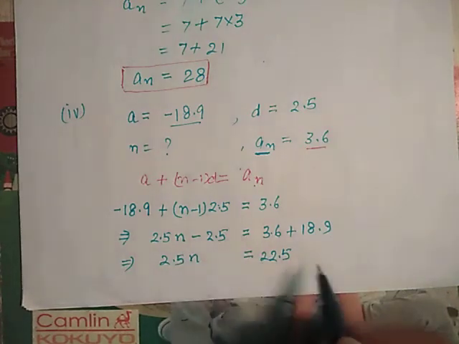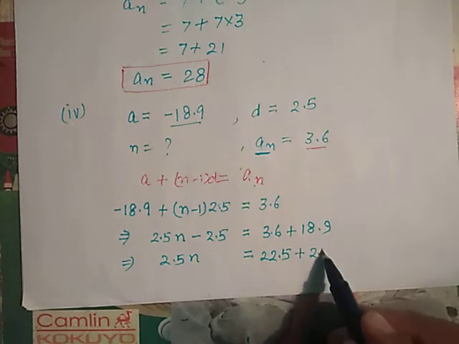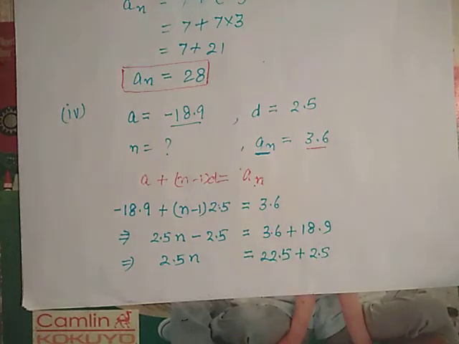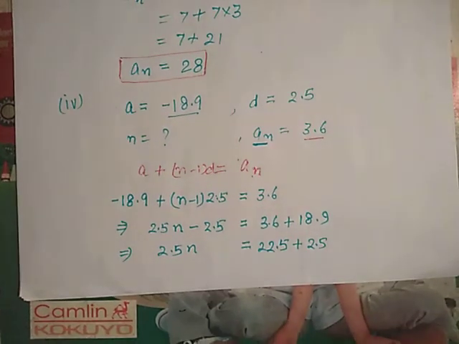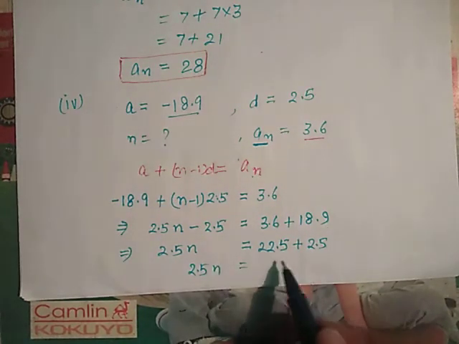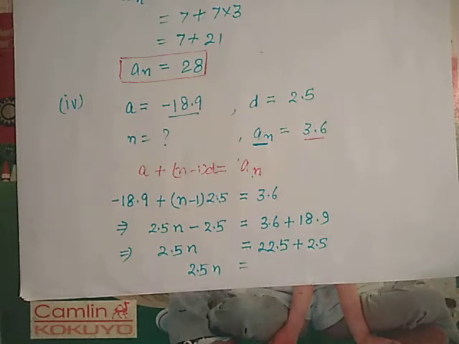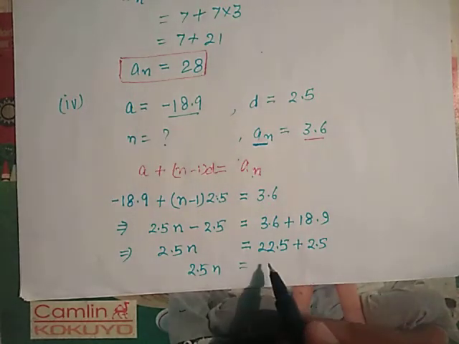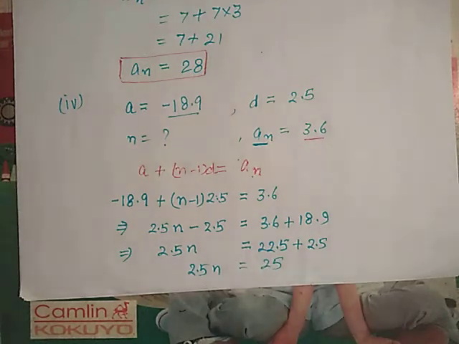And this will be again here plus 2.5. Now finally we have 2.5 n is equal to, we can also add this one, 22.5 and 2.5 will be 25 actually, 25.0.